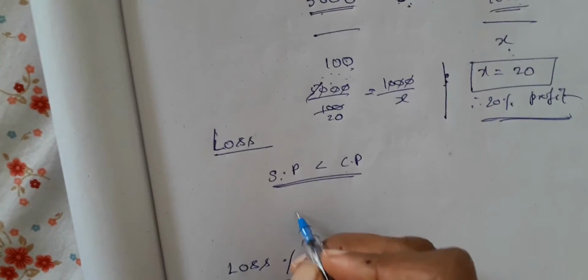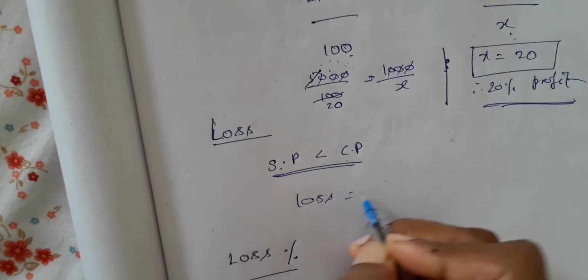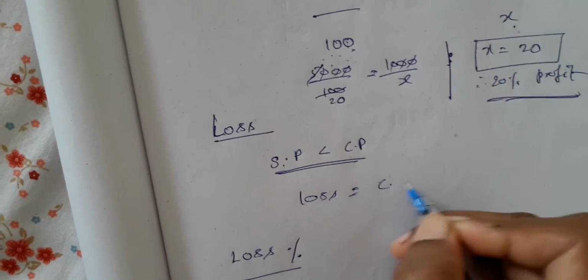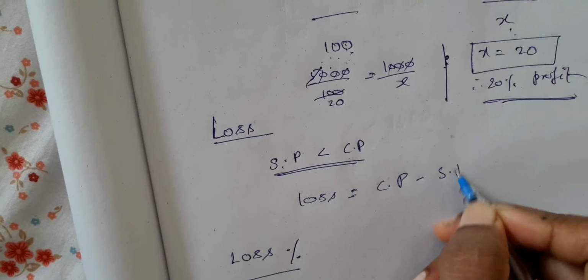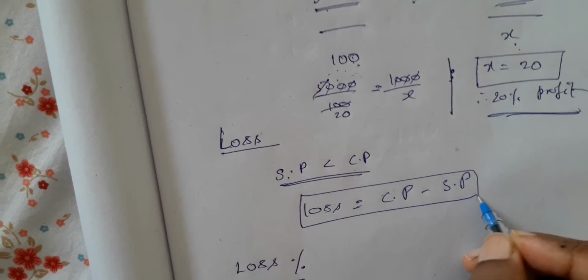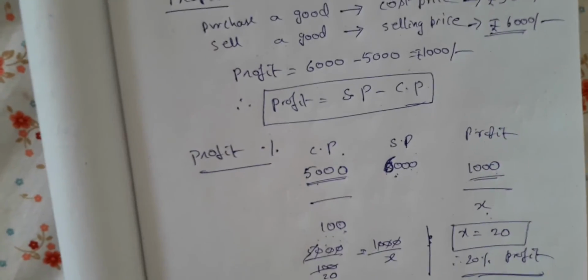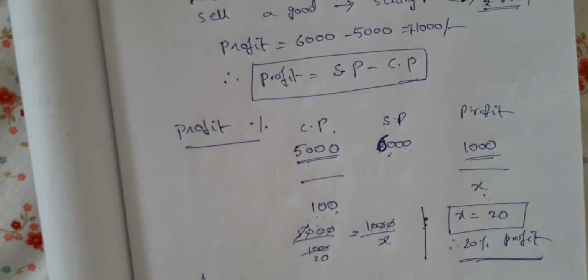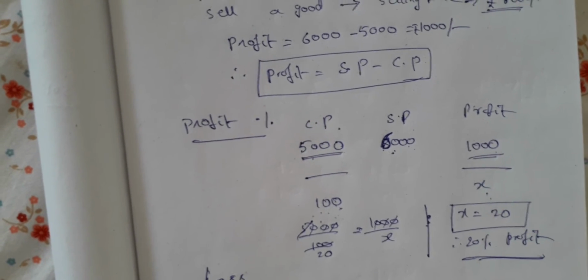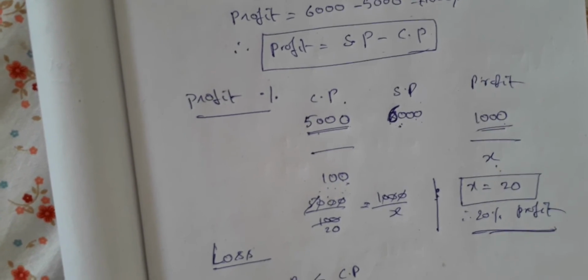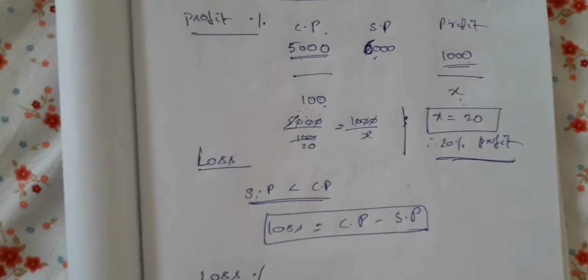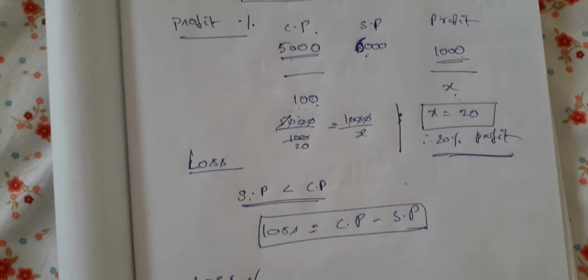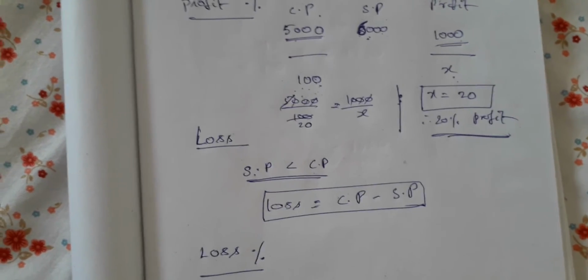Therefore loss is equal to cost price minus selling price. In the previous case, that is when it is gain, selling price was more, so selling price minus cost price. I am saying again, not to memorize, please. Loss means you are buying for something more and selling for less. That is the meaning of loss.